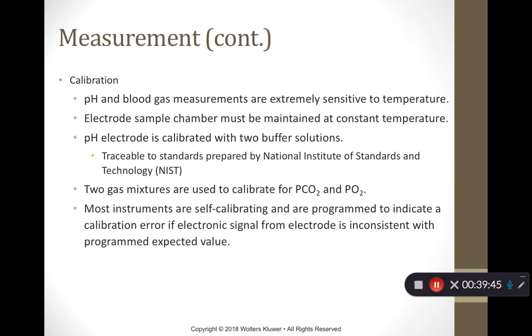Two gas mixtures are used to calibrate PCO2 and partial O2. Most instruments are self-calibrated and are programmed to indicate that there is a calibration error if there is some sort of electronic signal from the electrode that is inconsistent with the programmed expected value.